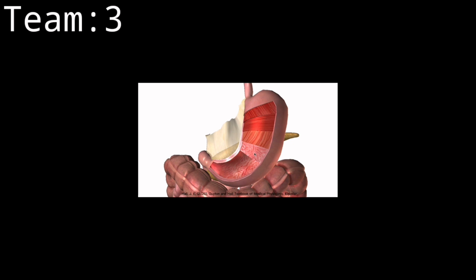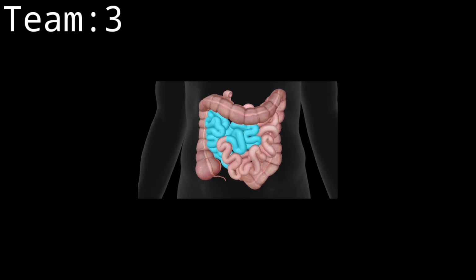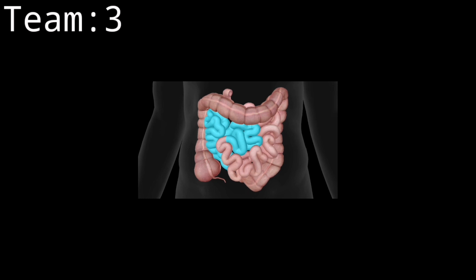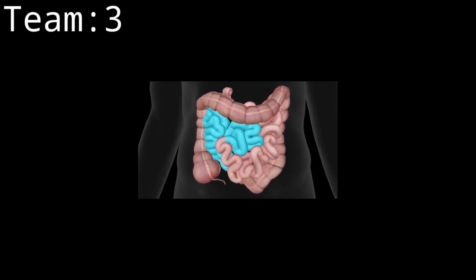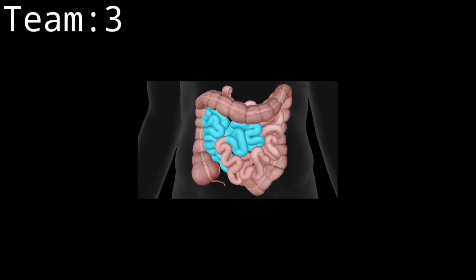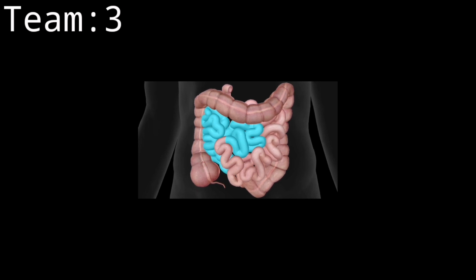The ileum, longest segment of the small intestine that mainly occupies the umbilical, hypogastric, right iliac, and pelvic regions, measures approximately 3.5 meters long. The walls of the ileum are thinner and less vascularized than the jejunum.